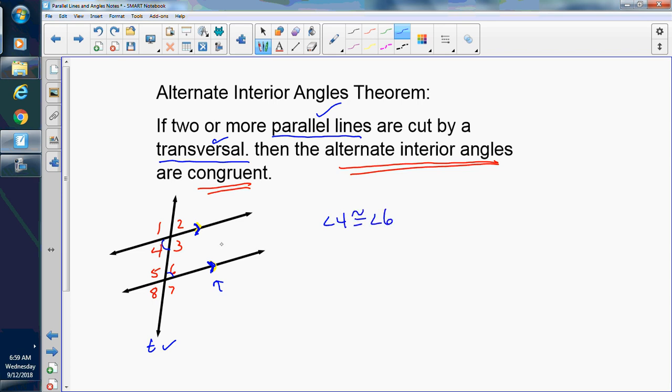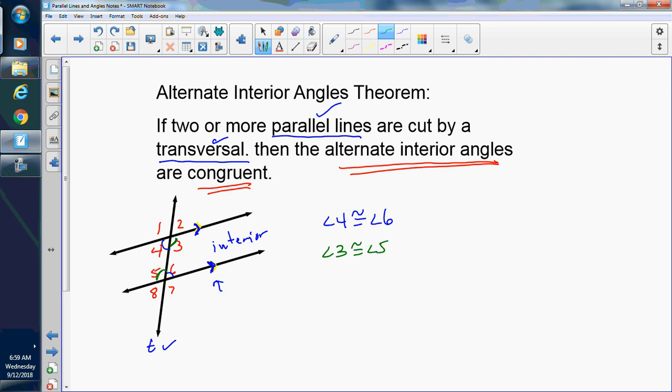They are in the interior between the two lines, and they're on alternate or opposite sides of the transversal. The other pair of alternate interior would be 3 and 5. So angle 3 is congruent to angle 5.